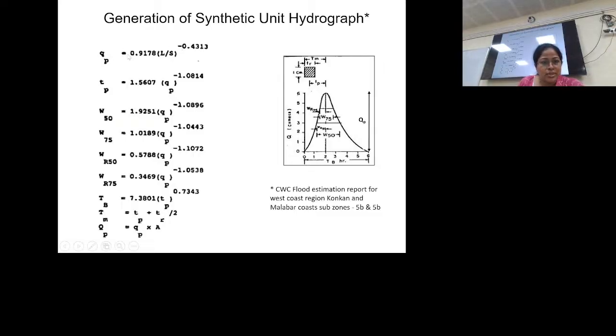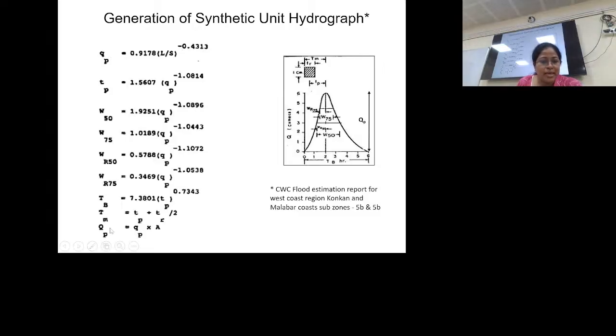These formulas will be different for different flood estimation manuals or zones. In this western coast region, QP depends on L and S, and we get discharge in cubic metres per second per square kilometre.